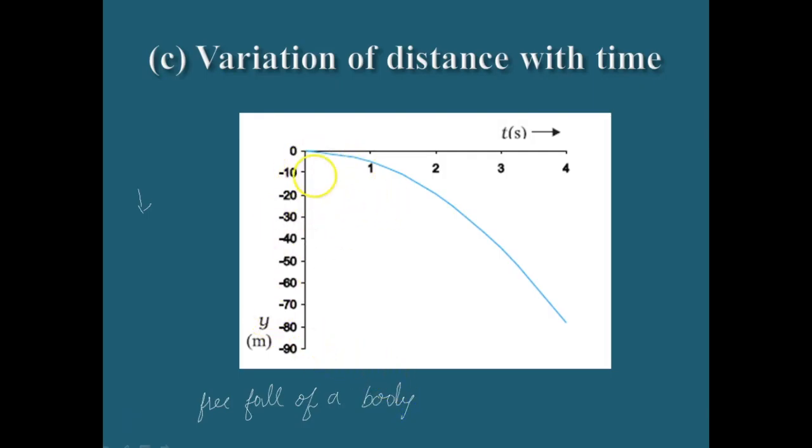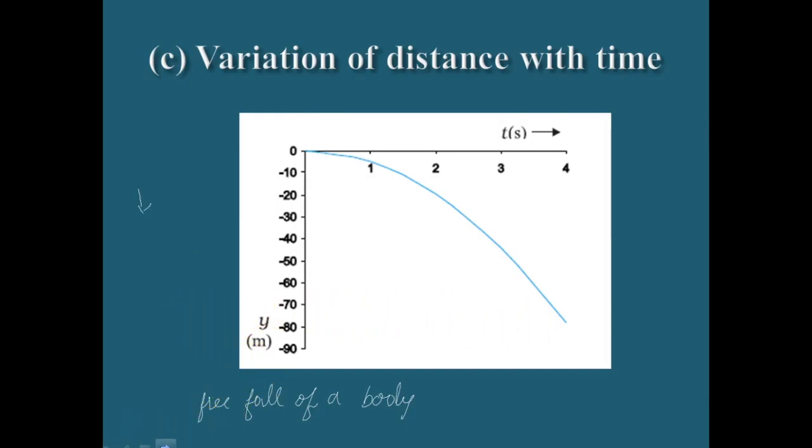Here we have taken distance along the y-axis and time along the x-axis, and this shows how the distance varies with time when an object is thrown towards the earth. So these are the three important cases.